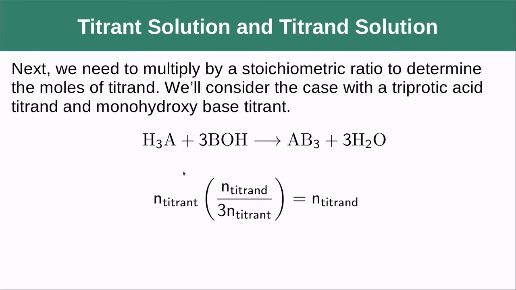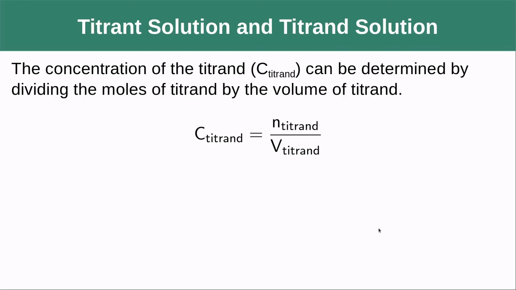So we multiply the moles of titrant by our stoichiometric ratio. We need 3 moles of titrant for every 1 mole of unknown, and that will give us our number of moles of unknown. The concentration of the unknown can be determined by dividing the moles of unknown by the volume that we initially added to the flask.